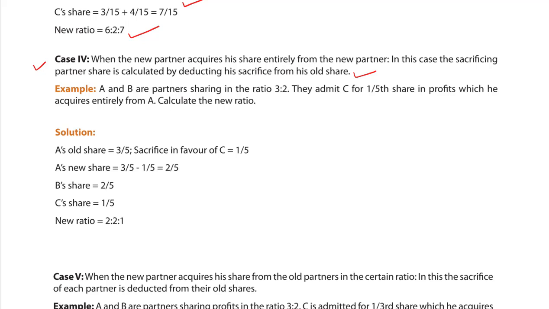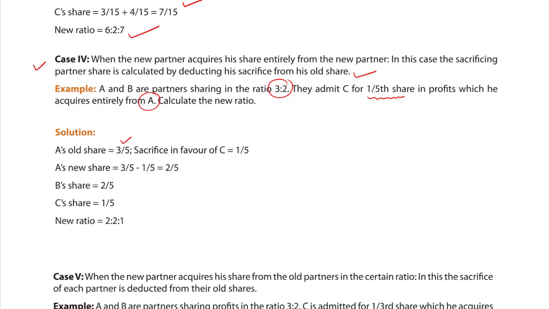A and B are partners sharing profits and losses in the ratio of 3:2. They admit C for 1/5 share in profits, which he acquires entirely from A. So A will sacrifice the whole 1 by 5, and C will receive 1 by 5. Calculate the new ratio.